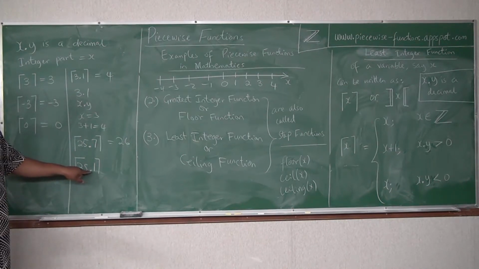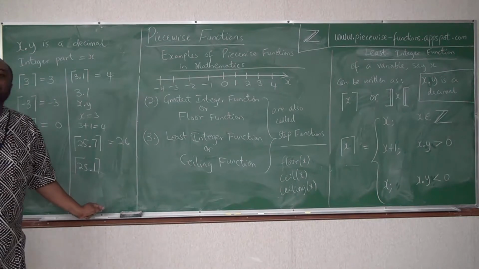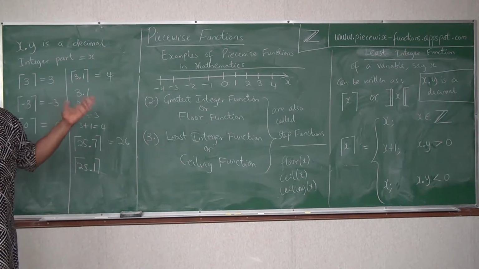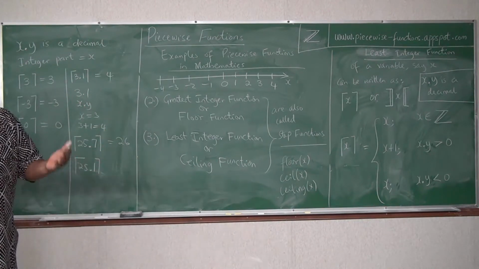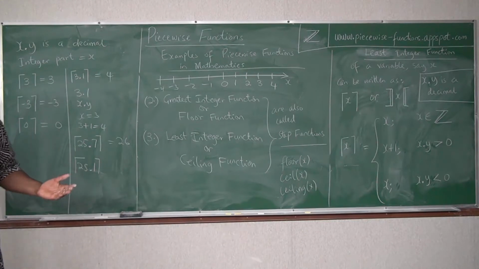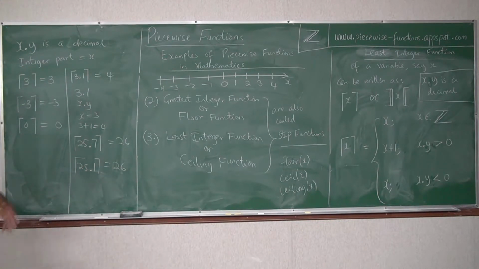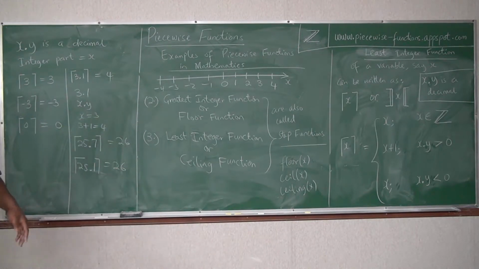Even the least integer of 25.1 is the least integer that is greater than or equal to 25.1. We don't have any integer equal to 25.1. So the least integer that is greater than 25.1 is 26. By the formula, x is 25, so 25 plus 1, 26.